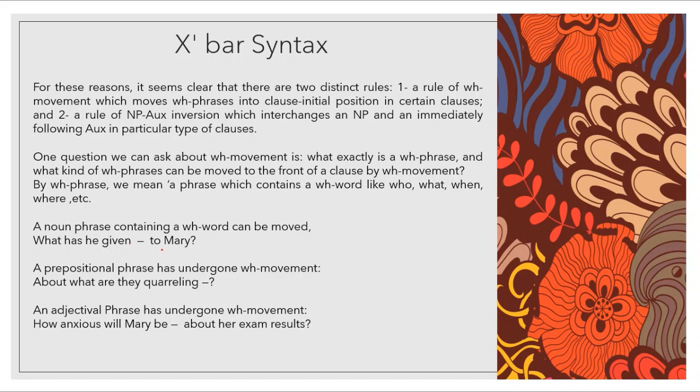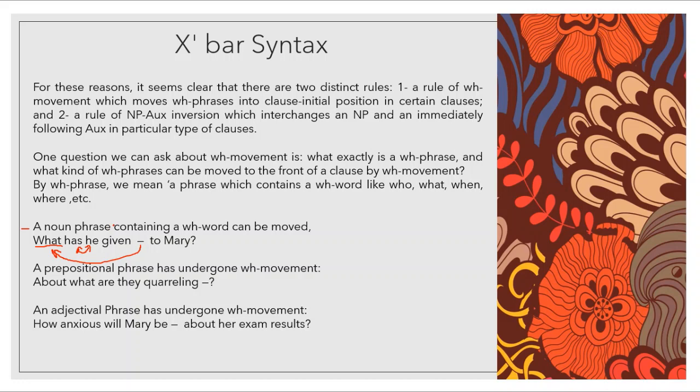Lucky Mary. So the position of this what was here. Okay, has he, it's obvious that they swapped places. The inversion and the movement. So this is for the case of noun phrases.